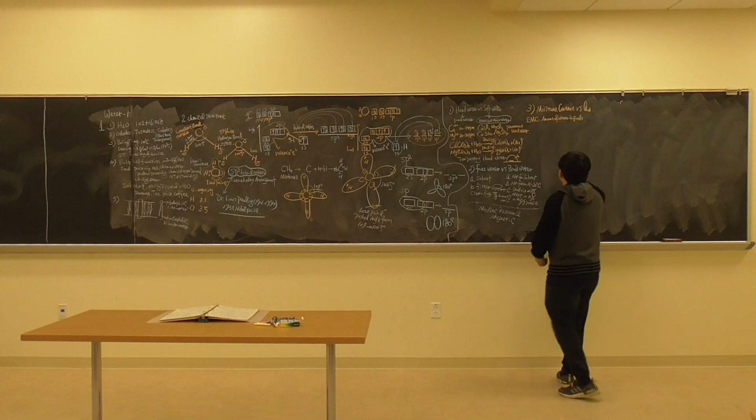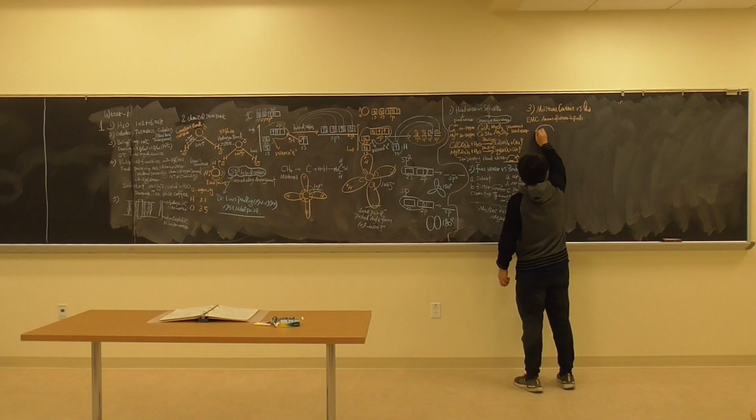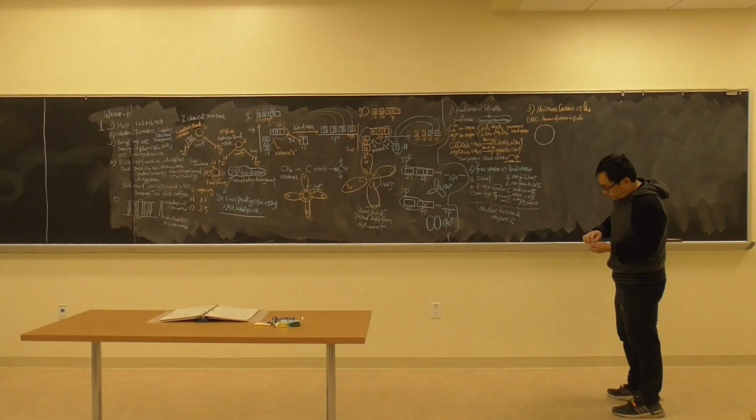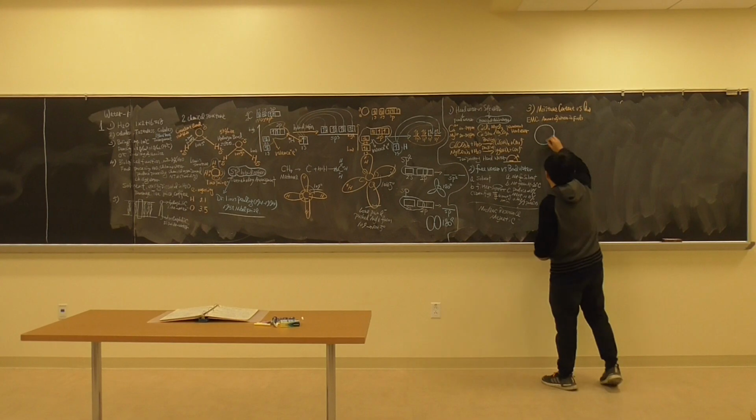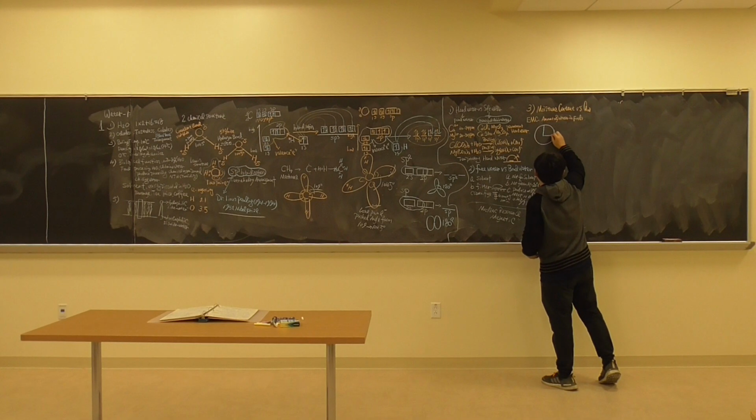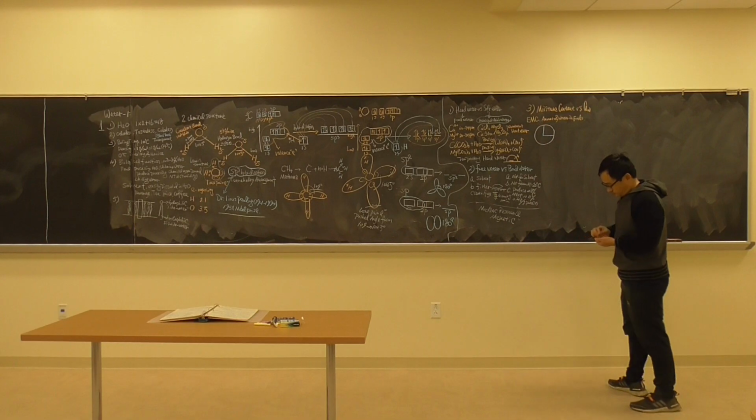So let's say we have a food product. We know a food product could simply be separated into several parts.